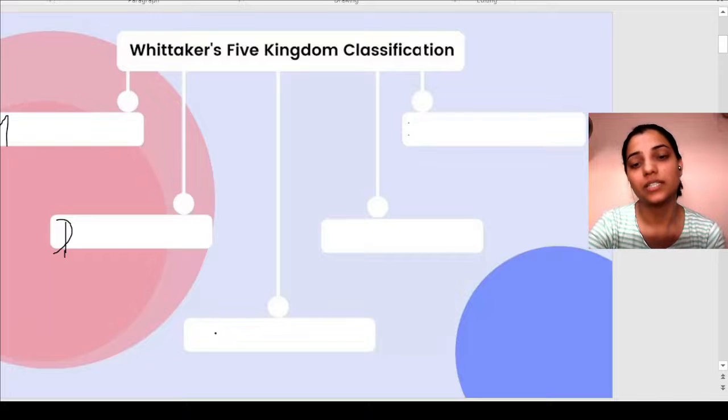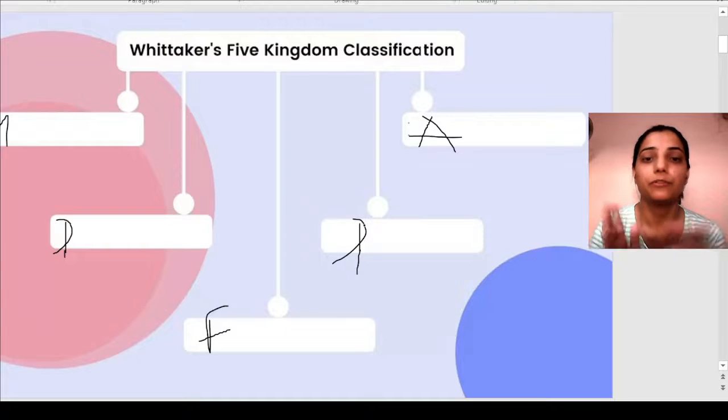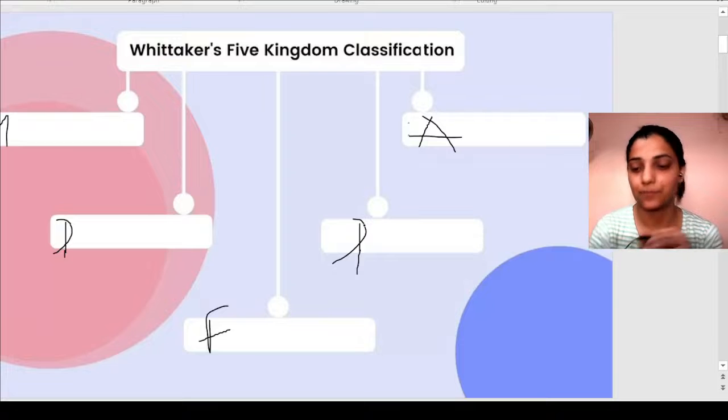Third was the Kingdom Fungi, the fourth was the Kingdom Plantae, and the fifth was Kingdom Animalia. So that was all the 5 kingdom classification.